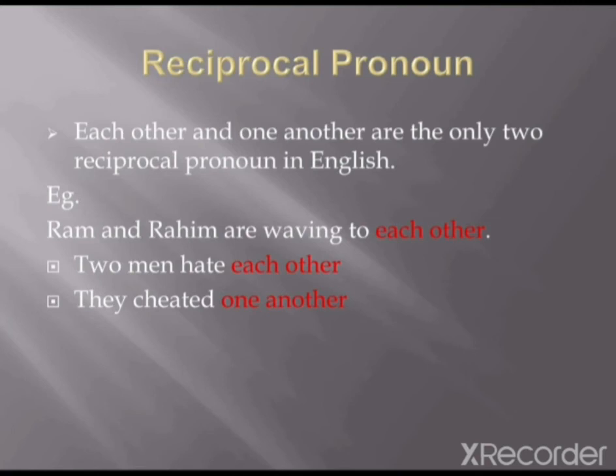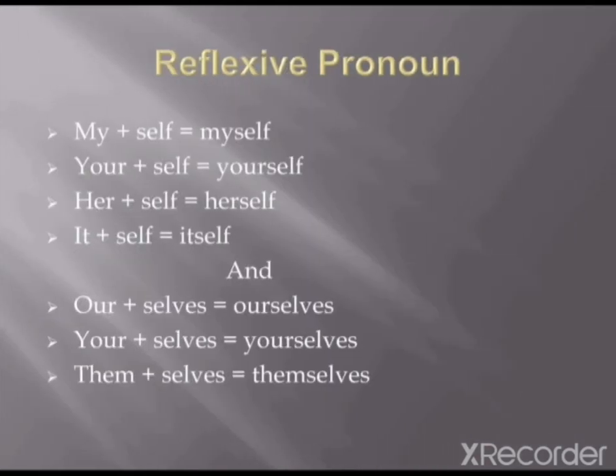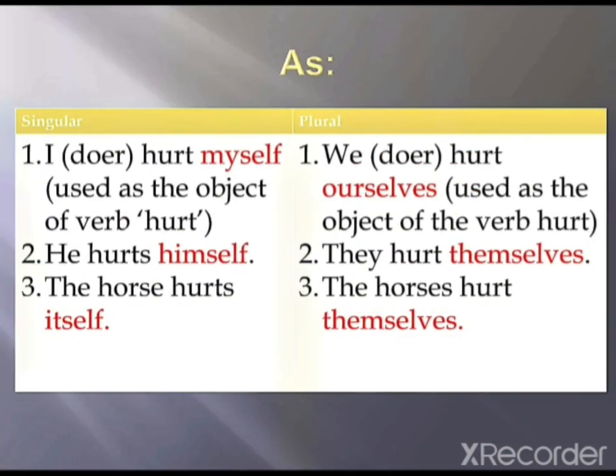Okay. Now, next is reflexive pronoun. When self is added to my, your, her, it, and selves added to our, your, them, we get what are called reflexive pronouns. Reflexive pronouns are used as the object of a verb when the action of the verb returns to the doer, that is, when the subject and the object are the same person.